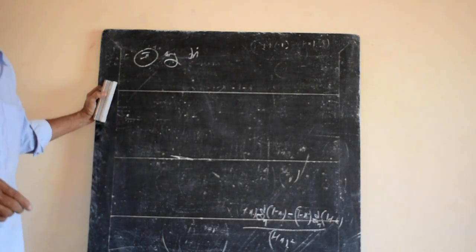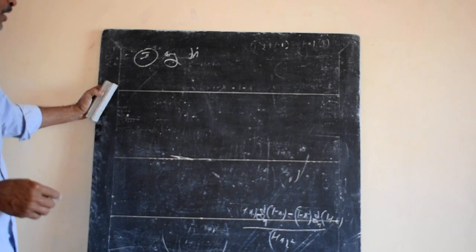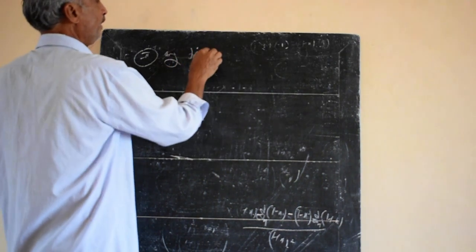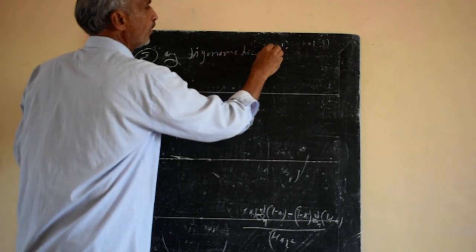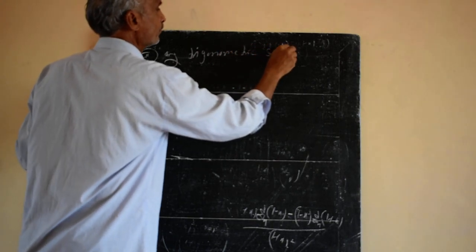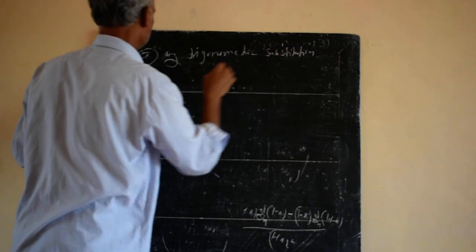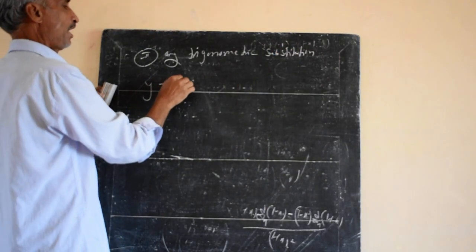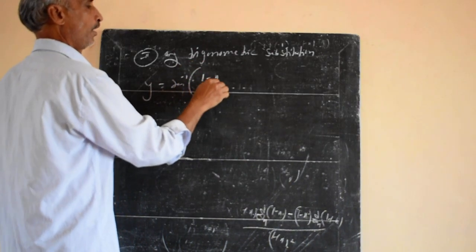In trigonometric substitution, you must be very perfect in trigonometric formulas. First year trigonometric formulas or 10th standard trigonometric formulas are very important here. By trigonometric substitution, y equals tan inverse of 1 minus x upon 1 plus x.